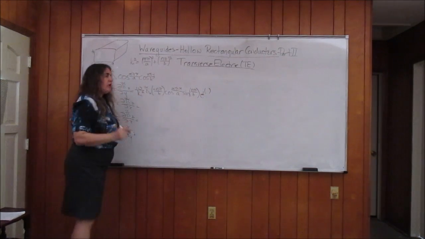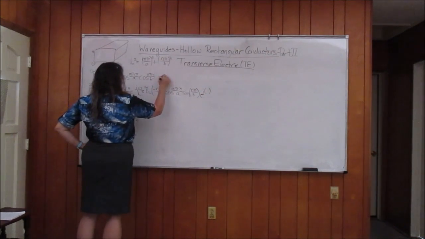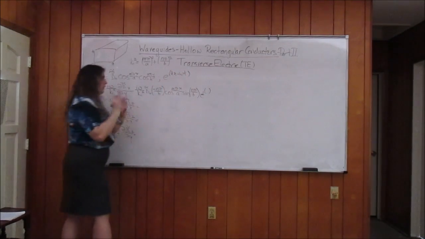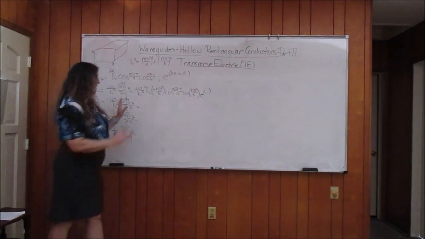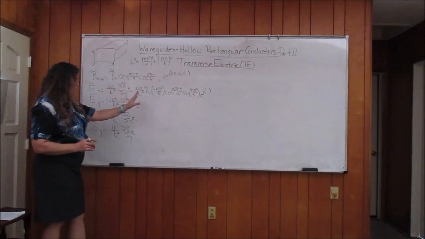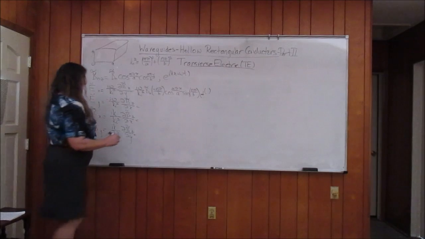And by the way, this exponential actually is e to the i kz minus omega t. I'm just running out of room here, and I actually do need to leave this up on the board for what I'm going to cover next. So let me just write it out like this. Second term.